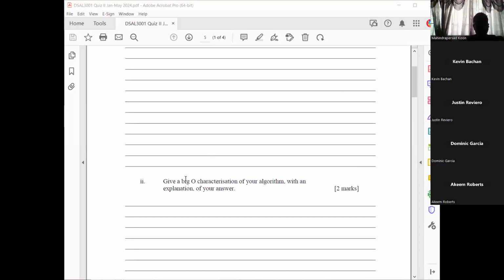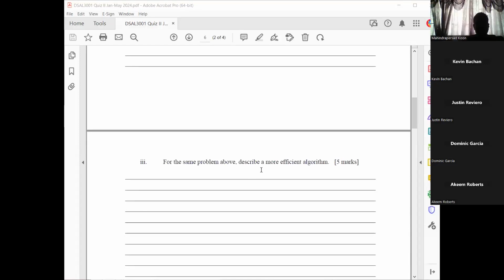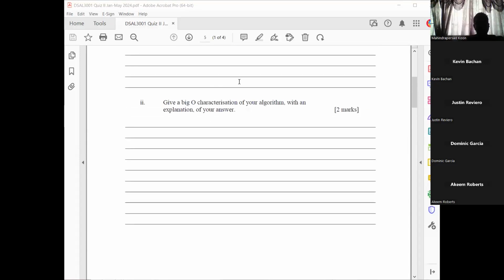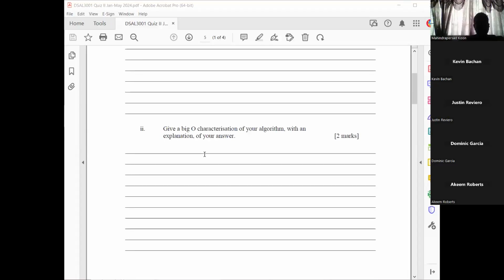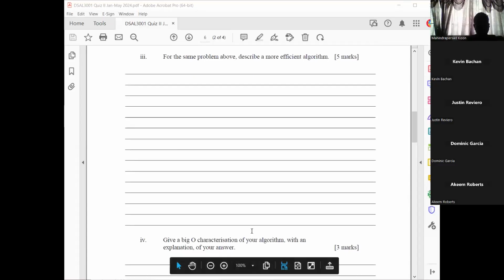You give a big O characterization of brute force. Then you describe a more efficient algorithm, something that is better than the brute force one here. And then you give a big O characterization of it. I'm not sure what I'm missing.